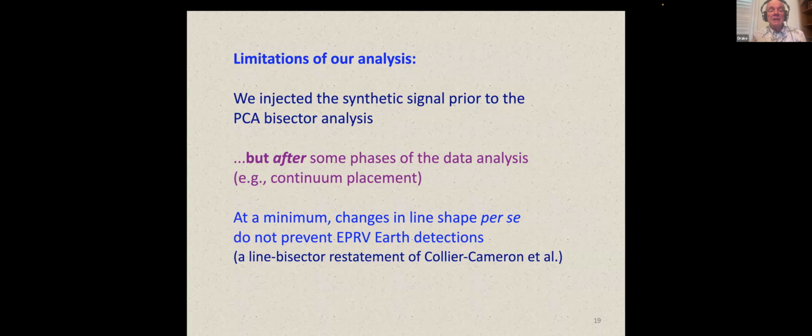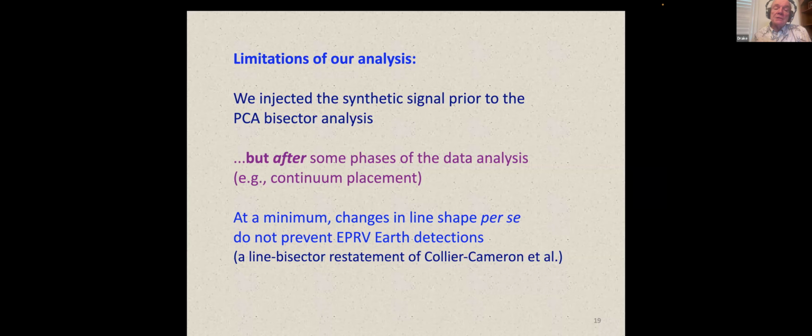But a limitation is that it was injected after some phases of the data analysis, in particular after the continuum was rectified and placed. Now, the reason for that is that the data released by the National Solar Observatory already have the continuum placed and rectified, and we didn't want to go through the very extensive exercise of going back to the raw data.